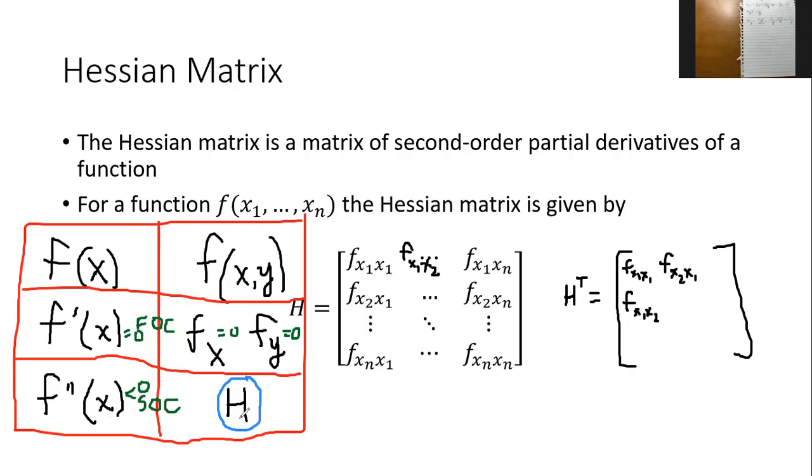So now we have H. You can't just say H less than 0. What does that even mean? You can't say a matrix is less than 0. We will have a corresponding condition for H. I'll just tell you now, it should be negative definite.